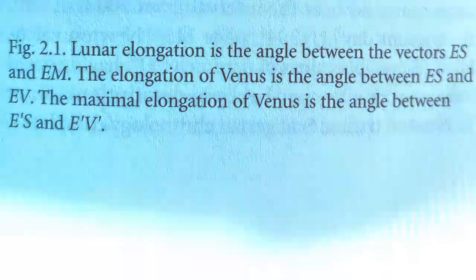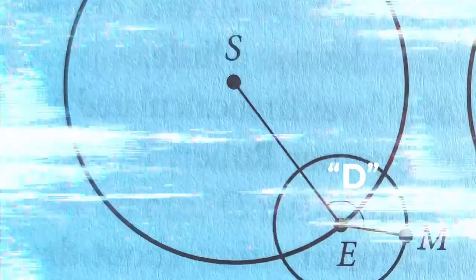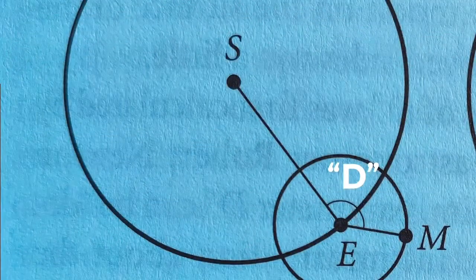Figure 2.1 shows the solar orbit of the Earth and the telluric orbit of the Moon. The angle between the vectors ES and EM is called lunar elongation D, the angle between the lines of sight drawn from the Earth to the Sun and the Moon.